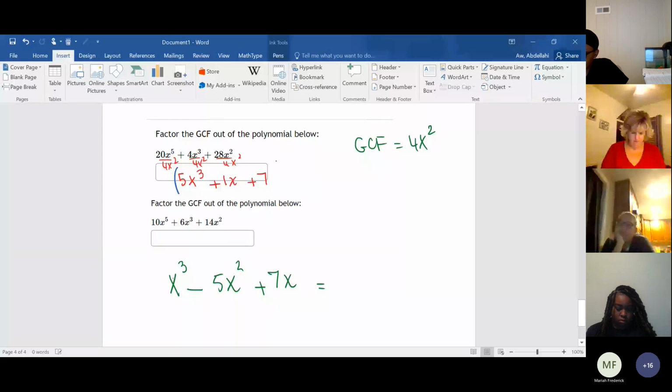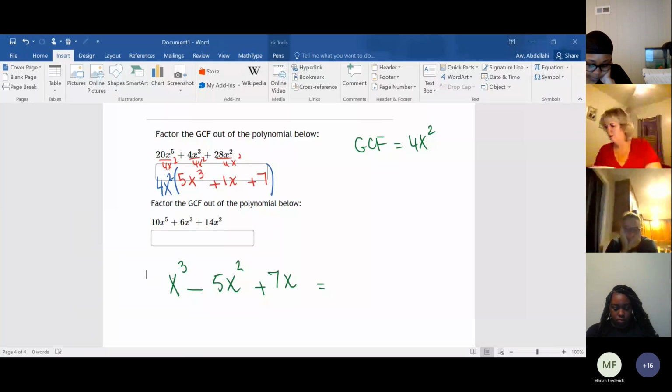So do not forget what? 4x squared, the GCF, exactly. Why is the GCF 4x squared? Because the greatest common factor, if you consider 20 and 4 and 28, what is the greatest number you can divide those 3 numbers by? It's 4, right?